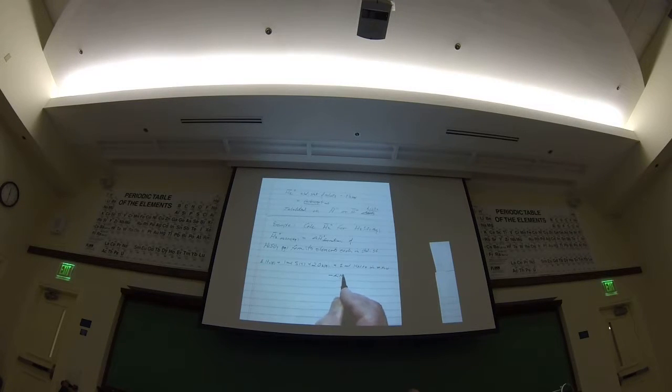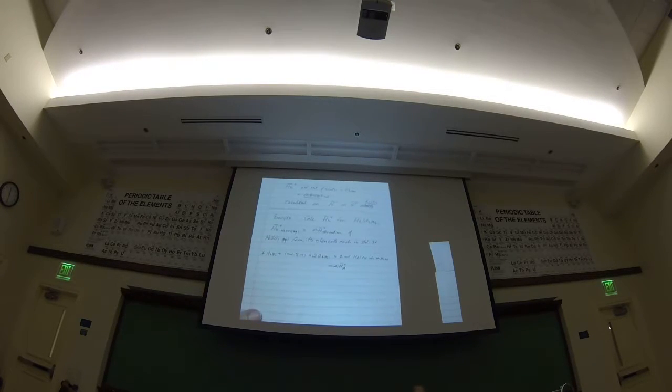Minus delta H zero formation. And this is what we were after. We can find it. So we have delta H bar zero, which is equal to delta H bar zero formation, which is equal to the summation of nu i H i zeros. Let's write it out.